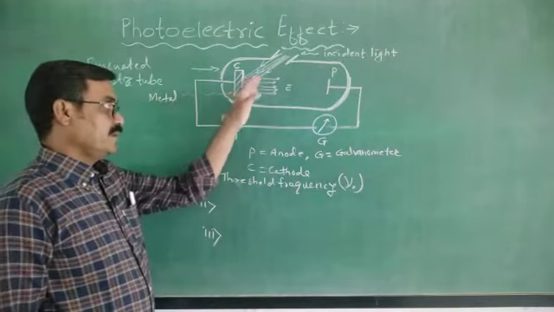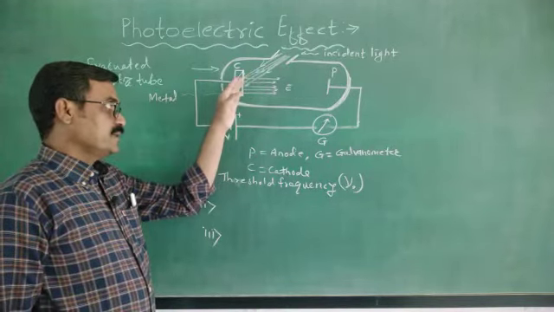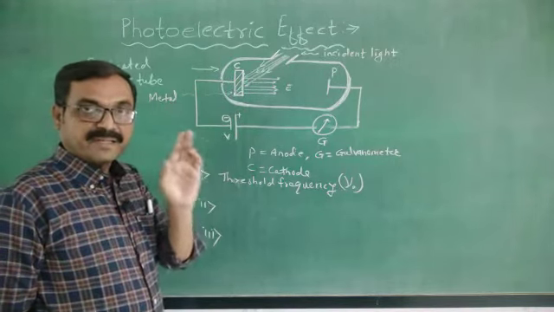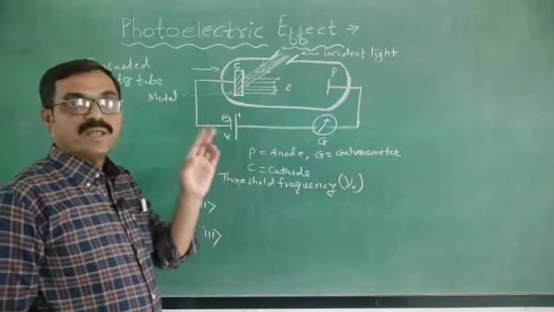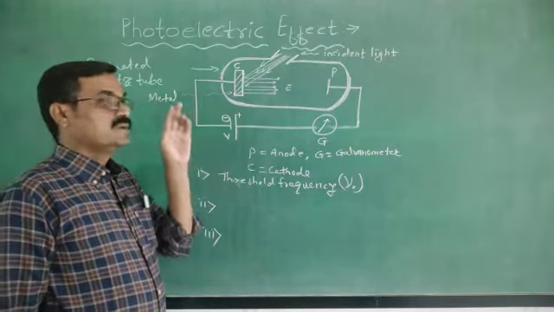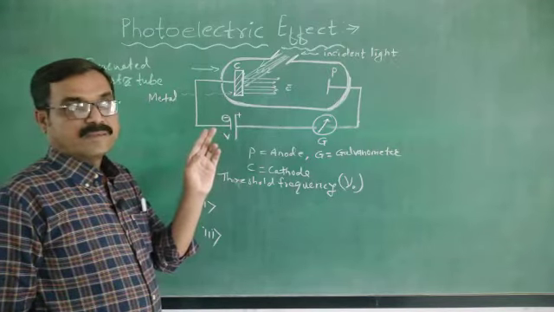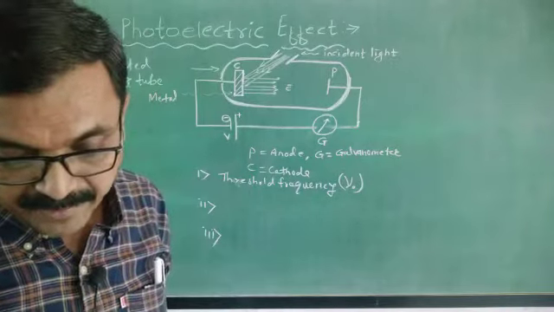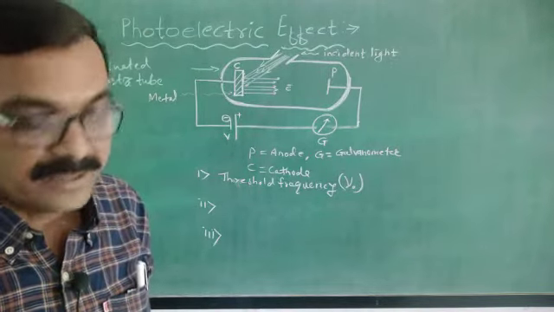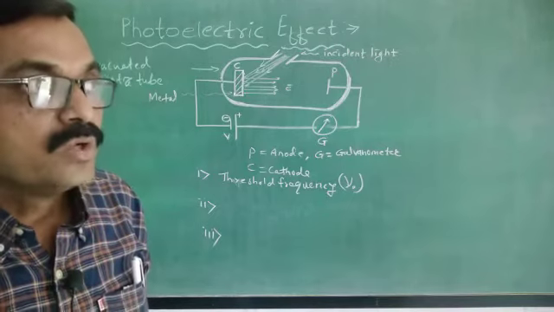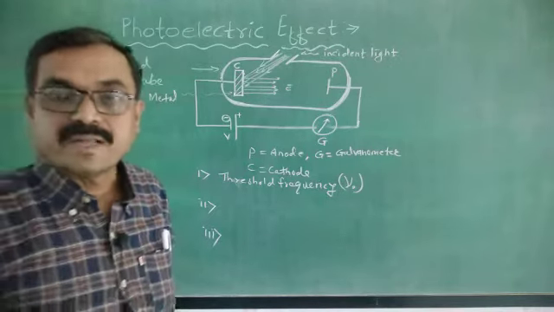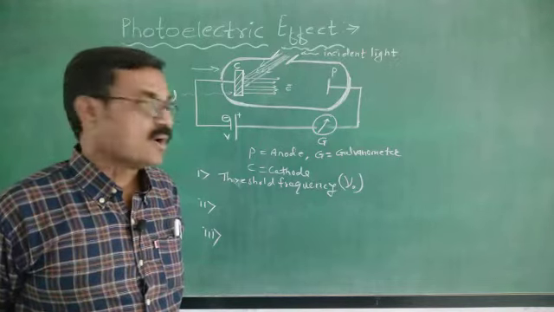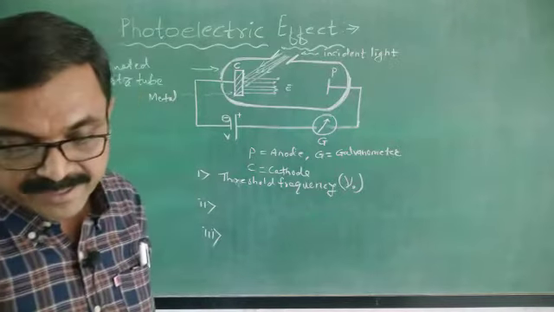Means when this incident light is incident on the metal, different metals have a particular value of frequency, a minimum frequency of incident light below which no ejection of electrons occurs. That minimum frequency is called the threshold frequency.